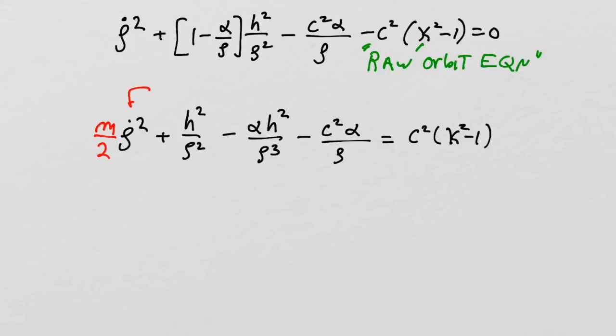Remember, it's the test particle that's moving with rho dot, right? And if I did that, I would put an m over 2 here, an m over 2 here, an m over 2 here, and an m over 2 here. And that helps me sort of interpret things a little bit.